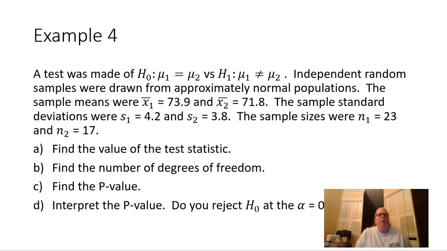All right, so we talked about the formula to find our test statistic on the previous example. So let's just go ahead and fill in our numbers. We're going to have x bar 1 minus x bar 2, and we're going to divide this by S1 squared over N1 plus S2 squared divided by N2.